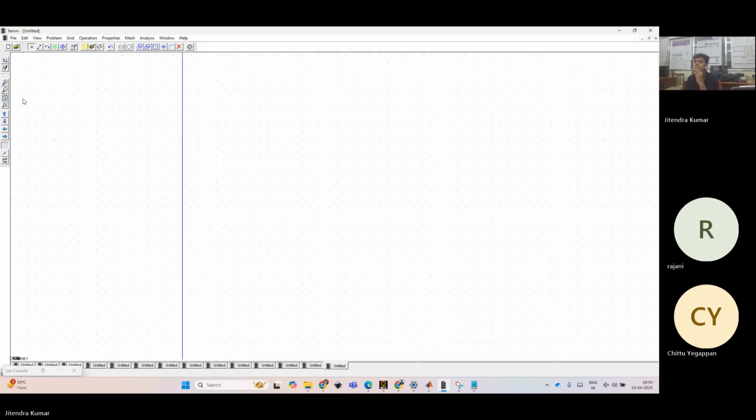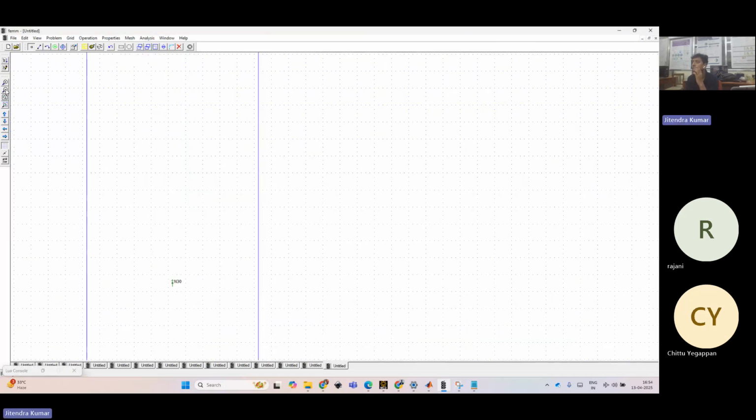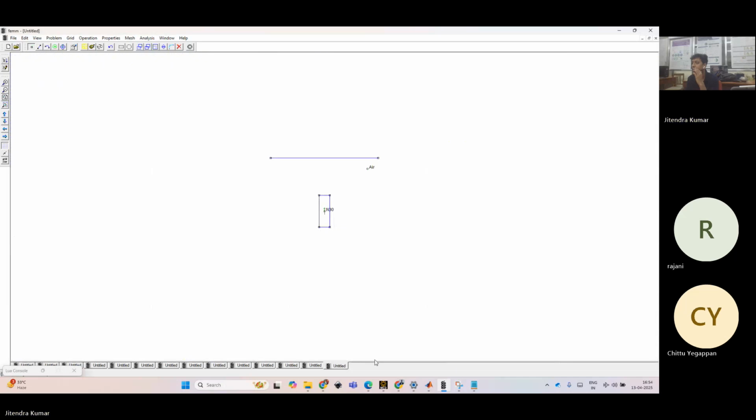You have to zoom out to see. Okay, anyway, let it be. So this air is still coming there. That should not have happened, but it's like this.